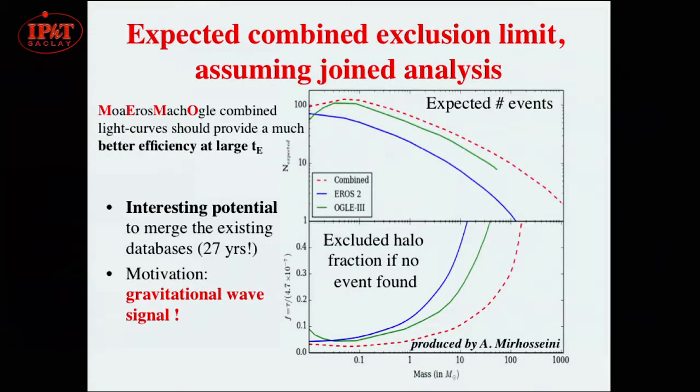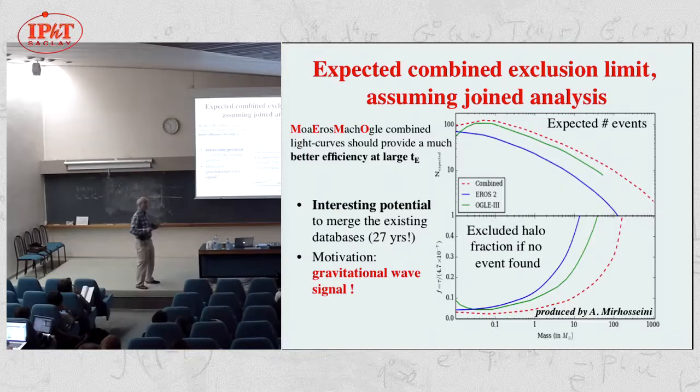So we did the exercise by simulating the combination. It's not a real combination, it's just a projection of what we could expect if we do this combined analysis. And as you can see, we can go much farther here. You have EROS only, you have OGLE 3 only, which are the best limits so far.